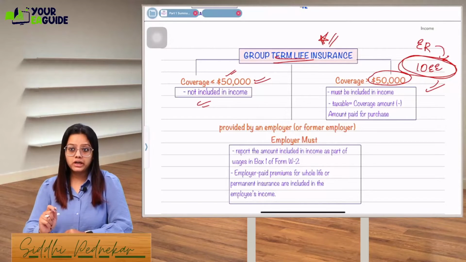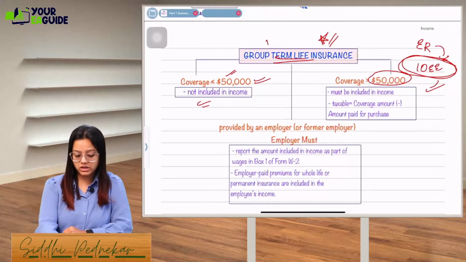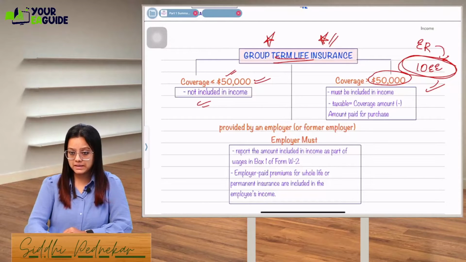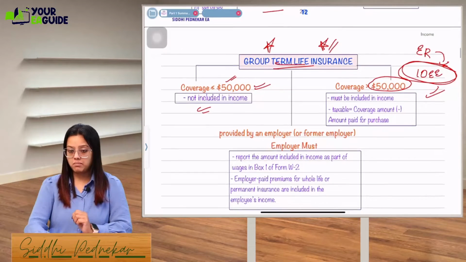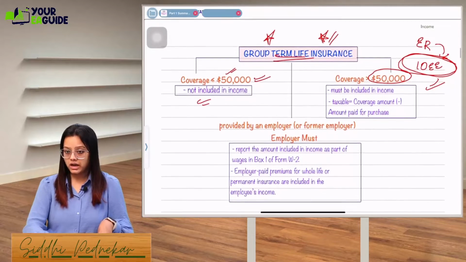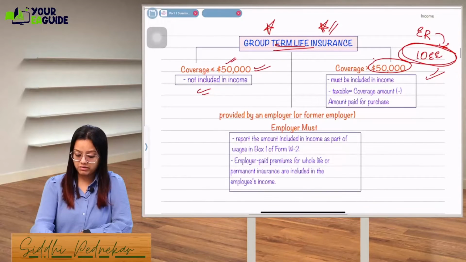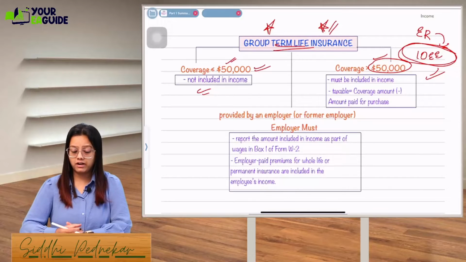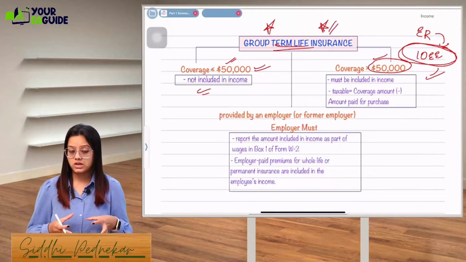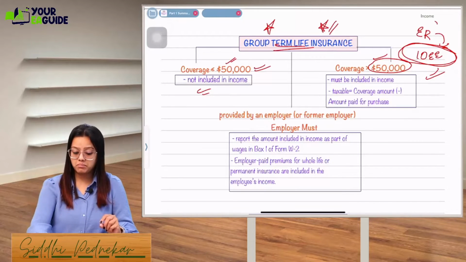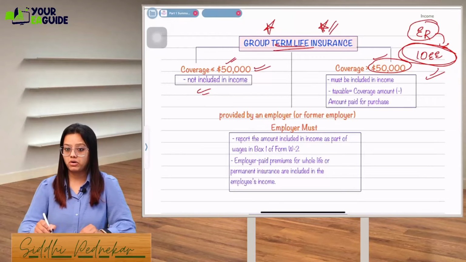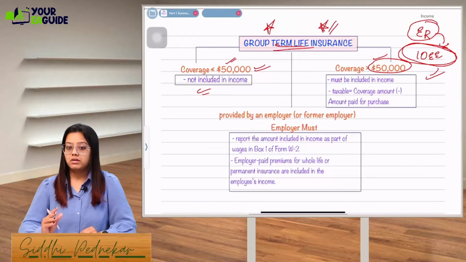There will be 2-3 tricky MCQs based on this group term life insurance policy. They will provide you the whole amount of coverage, and if the coverage is more than 50,000, you will have to check the actual cost which the employer is incurring for the employees, and then find out the amount.